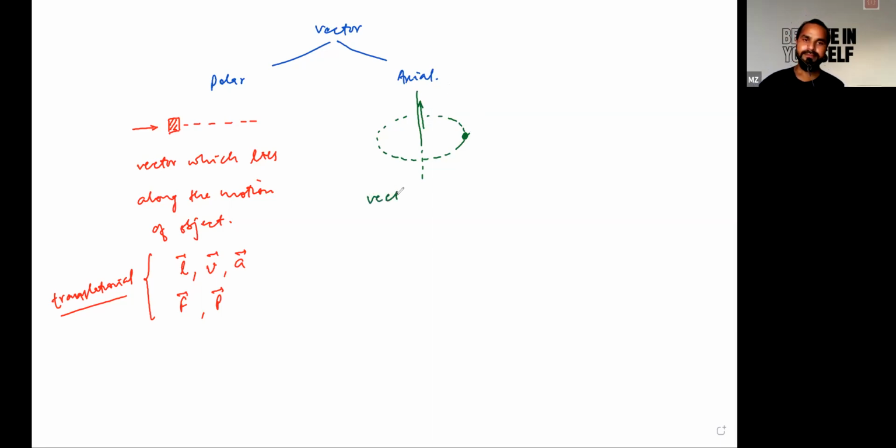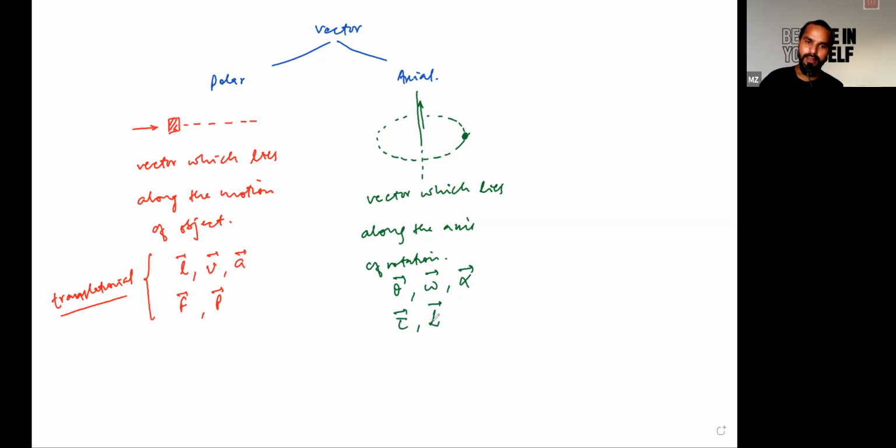So we can say a vector whose direction lies along the axis of rotation, like theta, angular velocity, angular acceleration, torque, angular momentum. We will discuss this whole part in chapter number 7. These are nothing but rotational quantities.